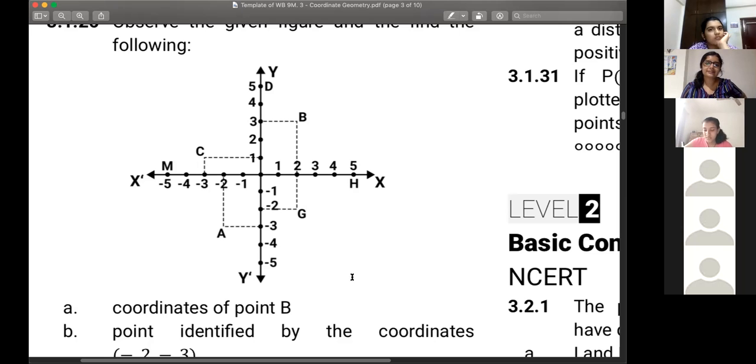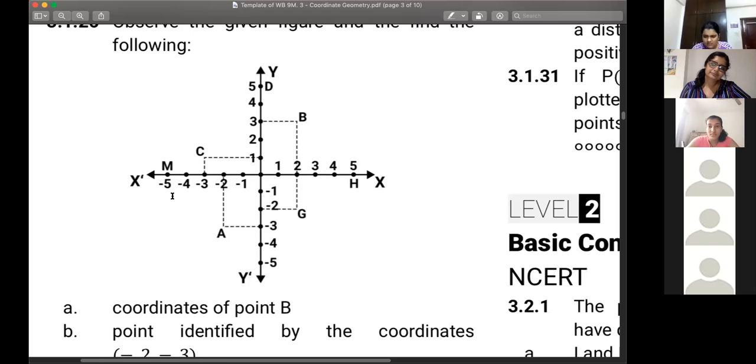Suhani got it, yes. Same abscissa means same x coordinate, in which points? Samriddhi also. Ma'am, is it M and H? M and H. What is the x coordinate of M?